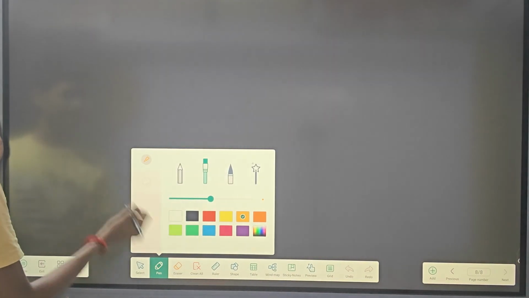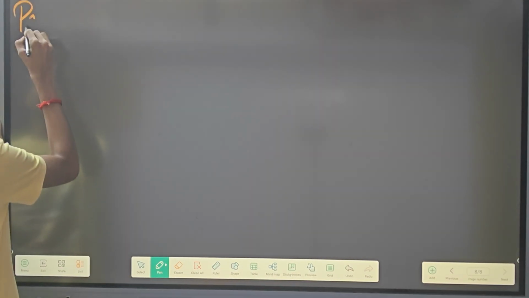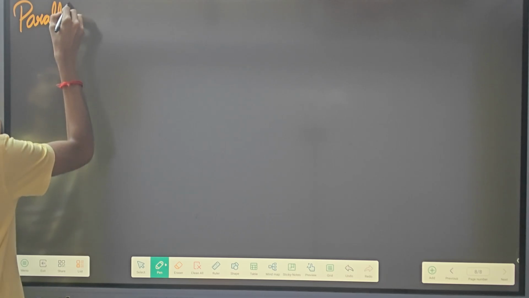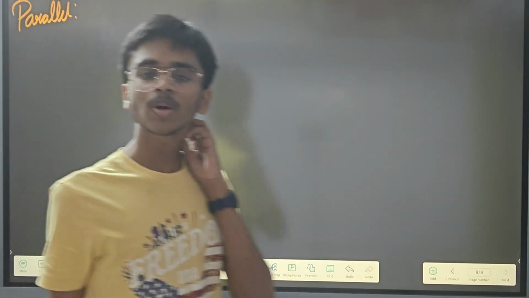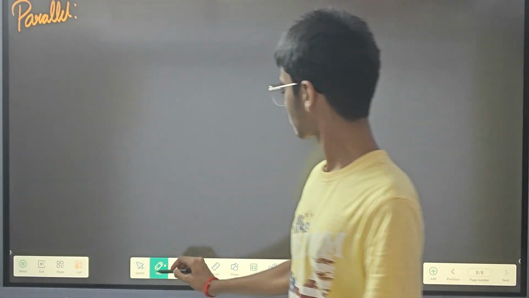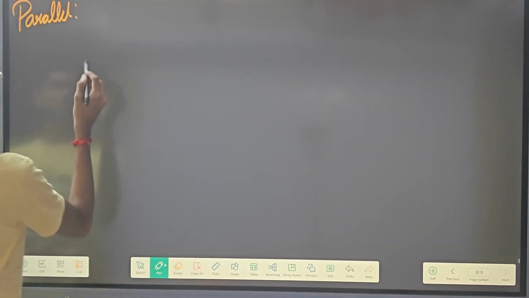Next is parallel. So, what is a parallel connection? This is a circuit.